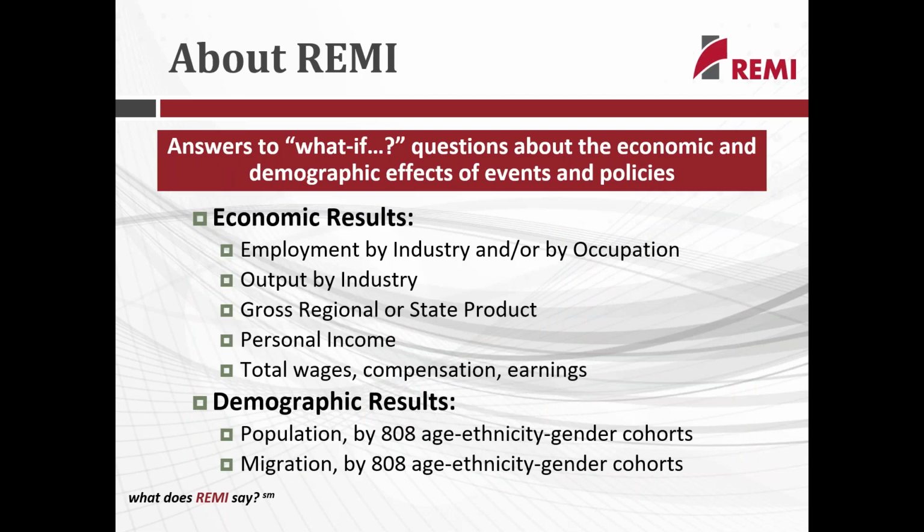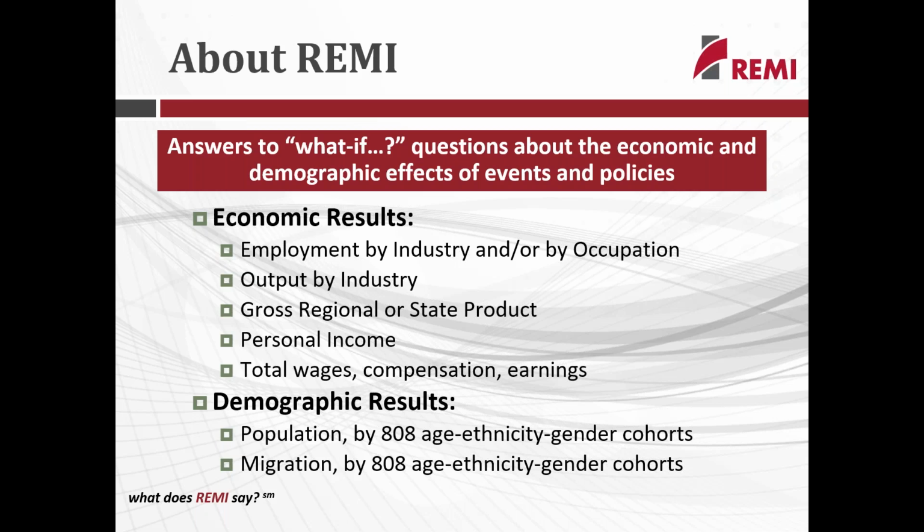So what type of questions does REMI look to answer? If you have a policy in mind and you want to know what's the effect of that policy in terms of how employment gets affected, how output gets affected, how regional or state GDP gets affected, income gets affected, that's what REMI can answer.